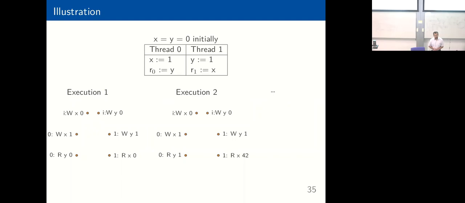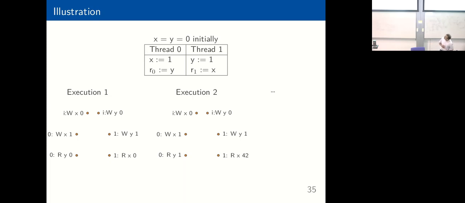So I promised example. Here's an example. Up there is our favorite test. Hopefully it's your favorite by now. Don't answer that question. What we do is we take that program up on the top and find what memory events might that generate. So you see on thread 0, there's a write event that will be generated, and there's also a read event.